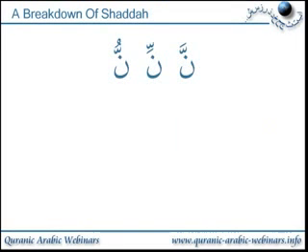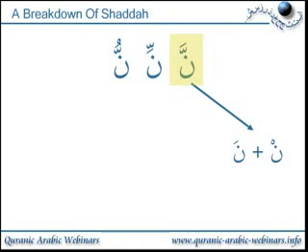Okay, so now we're going to look at how the shaddah is pronounced and how it actually breaks down. So we've got the noon mushaddad with fatha, kasra, dhamma. Let's break down the first one. So the noon with shadda and fatha. Now essentially the simplest way to imagine this is the noon with a shadda breaks down into two letters. It's effectively doubling up, just like we saw in English, where you get the two letters, one next to each other, the end of a word, beginning of a word.